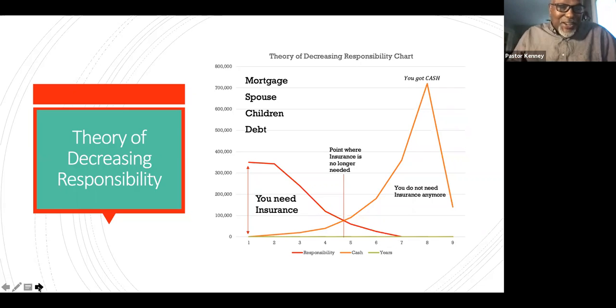I don't know. I hate to say it that way, but this is prudent planning. This is how life works. This is how life can work for you if you look at it. So this theory of decreasing responsibility chart is really quite revealing. It shows you how it can work for you if you are saving. All right, I've said enough on that.